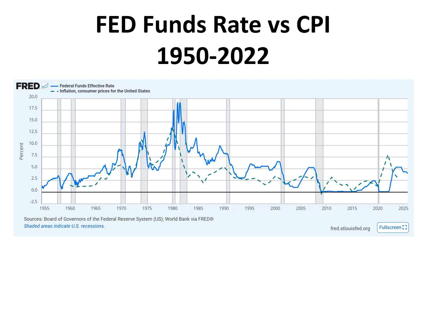Observe the significant increase in the Fed funds rate in response to the severe annual rates of inflation in the mid-70s, late 70s, and early 80s. Likewise, observe the significant drop in the Fed funds rate in the early 90s in response to a period of significant disinflation.